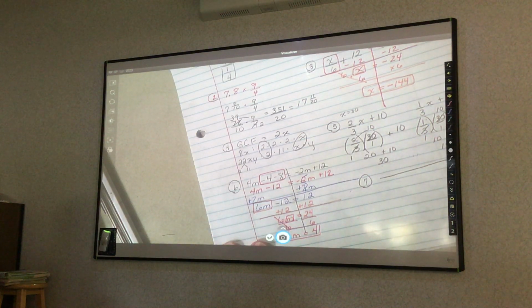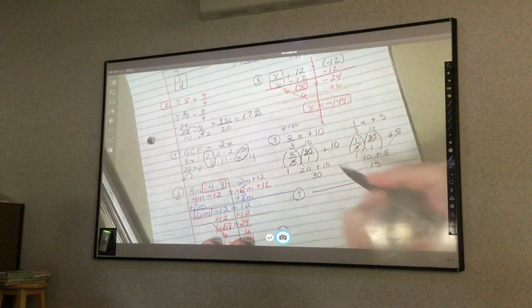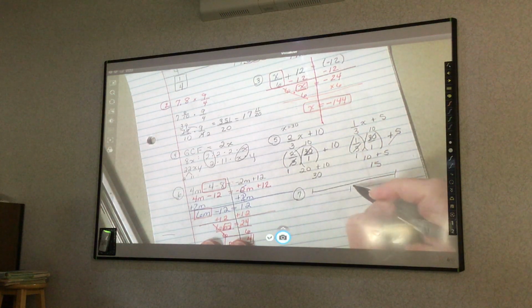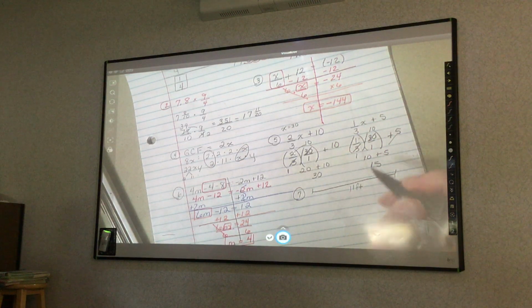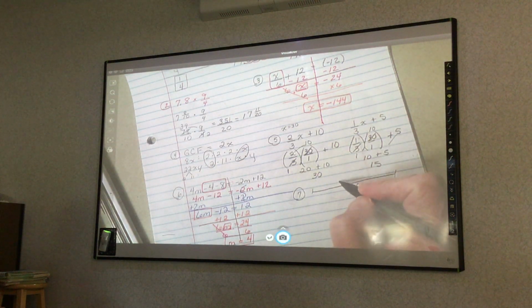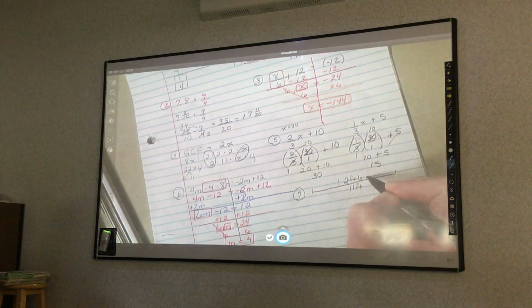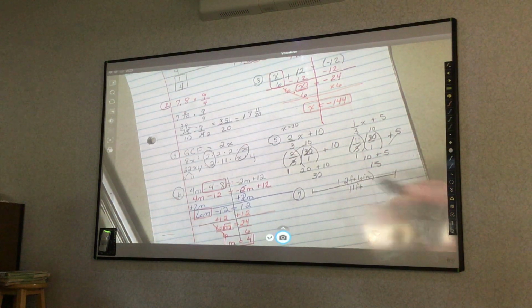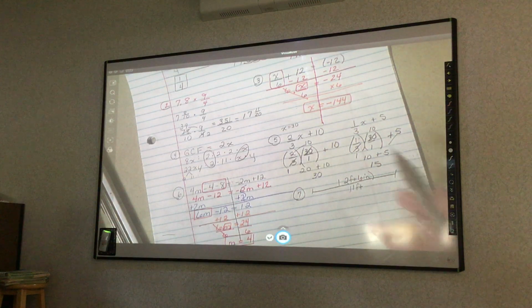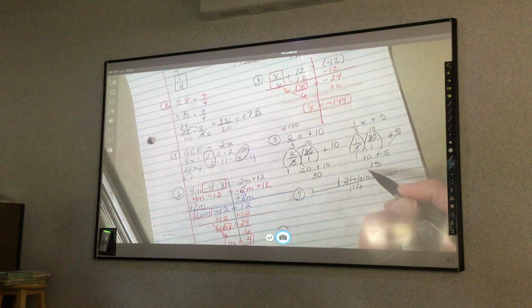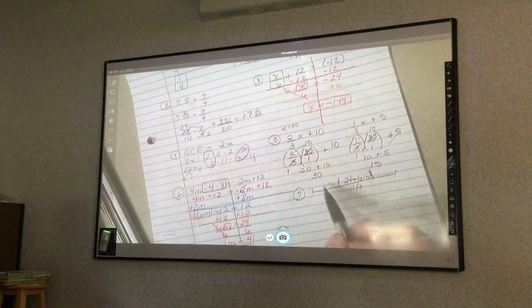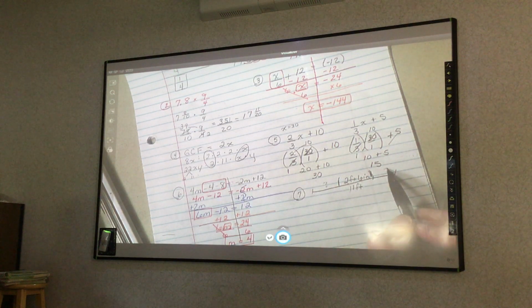Here's my wall, and my wall is 11 feet. My shelf is in the center of that, and that's 2 feet 6 inches. So there's my shelf right there, right? I need to figure out those spaces.